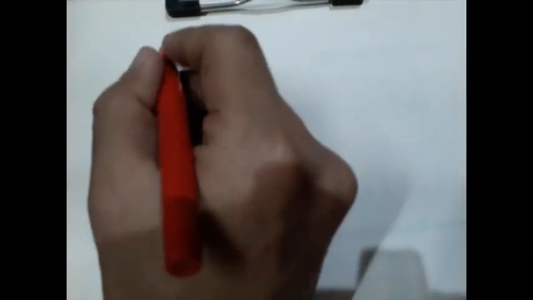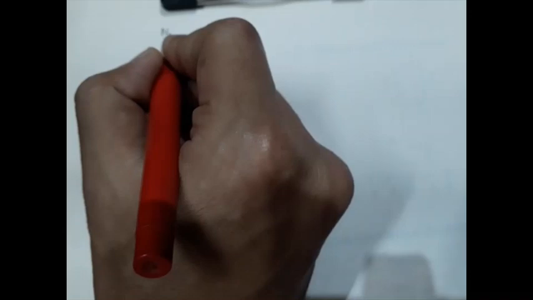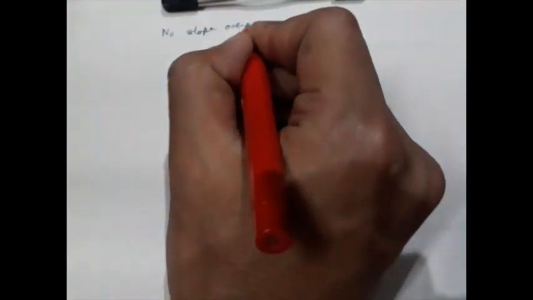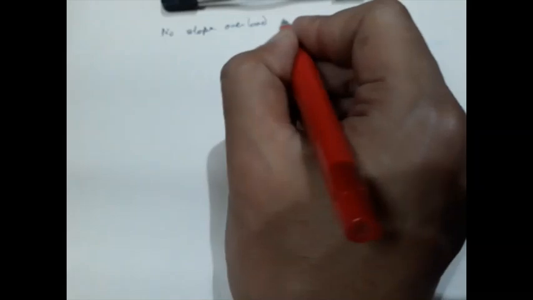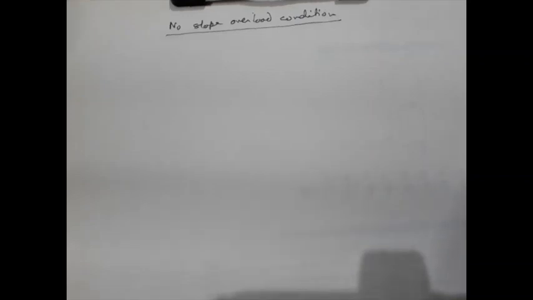Now we will try to find out the no slope overload condition. That means we have to determine some condition where the slope overload distortion will not occur.